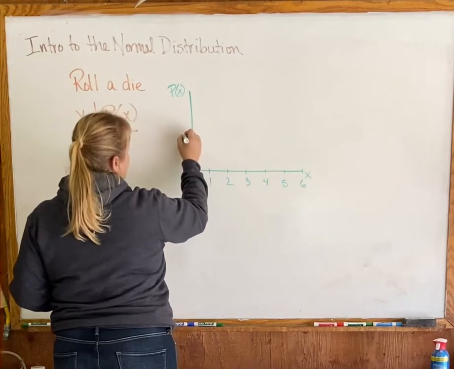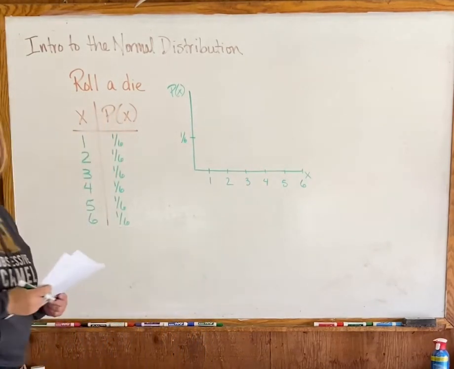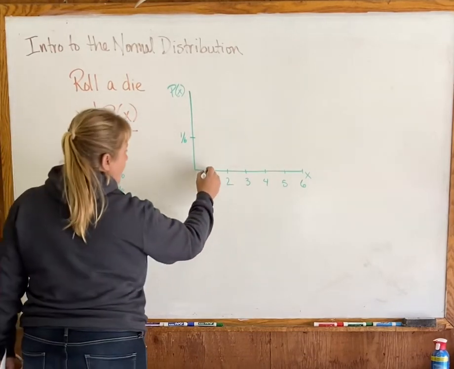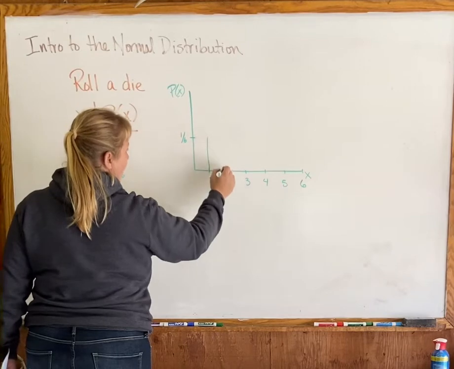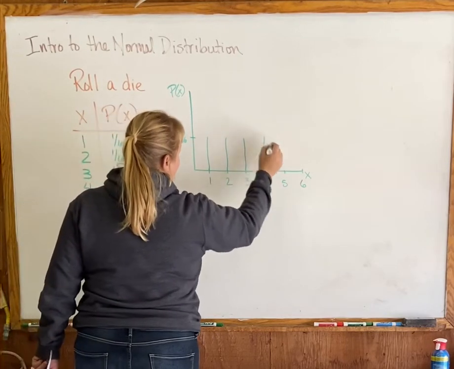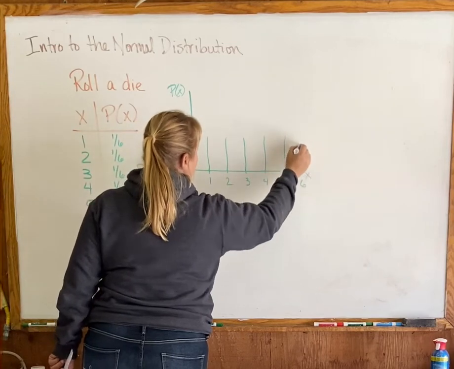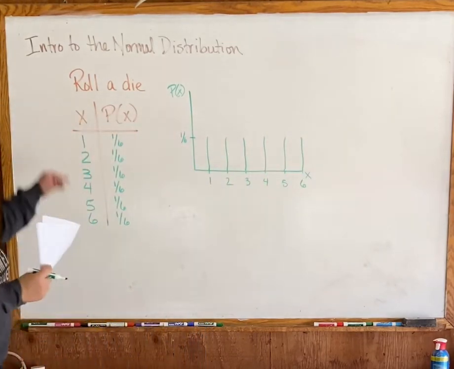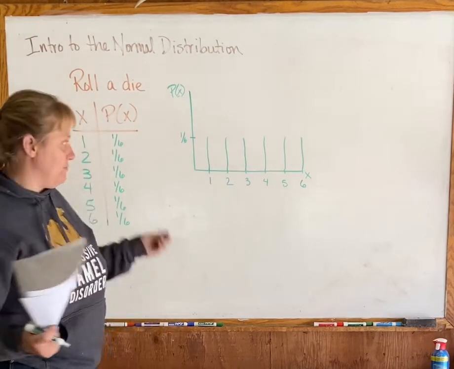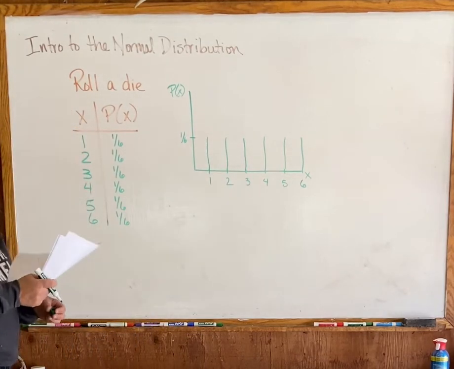Because they all have the same probability, we can just go to 1/6 over there. And then the probability histogram is not even going to have bars, it just has these little lines that go up here. So this is just a real easy little graph, but it's basically a visual of what we have over here. Here it is in table form, here it is in graph form, same thing.